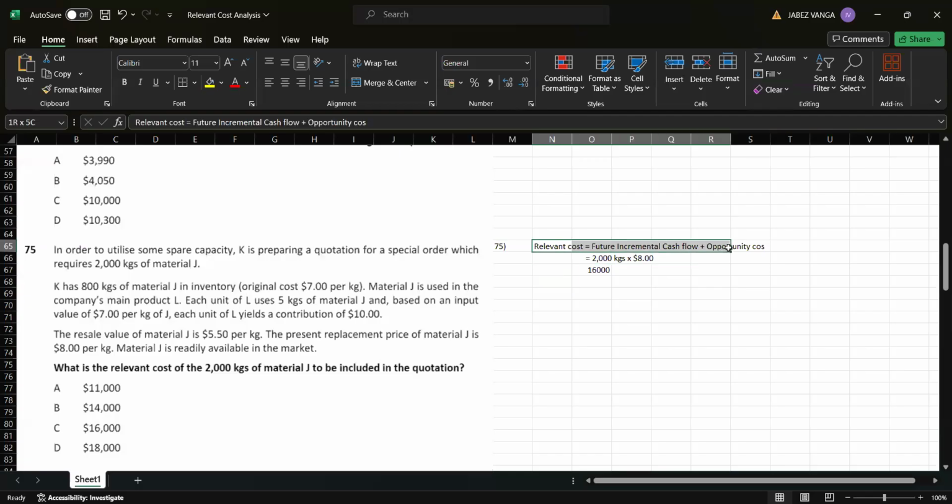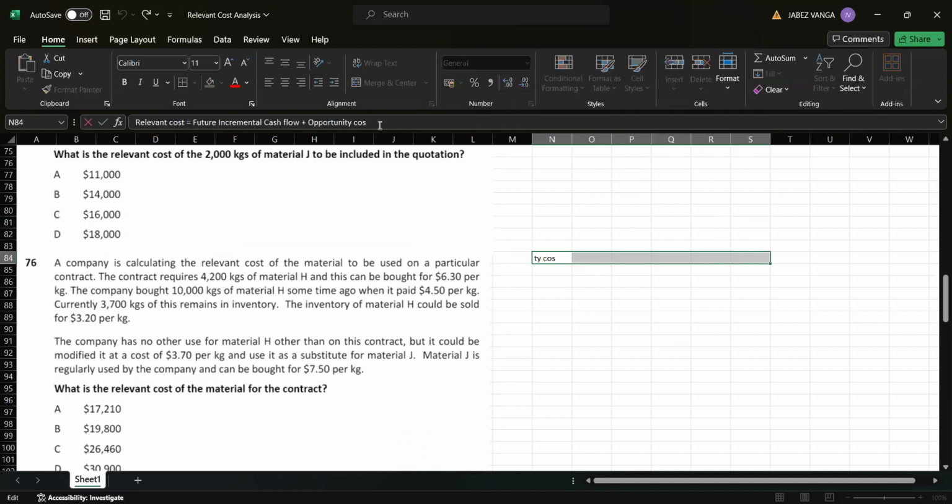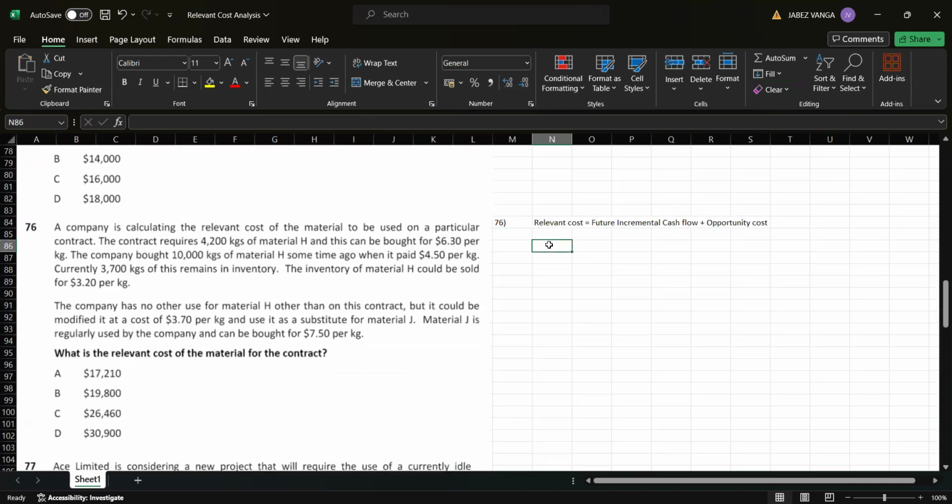See, if we talk about what is relevant cost, the same formula holds good here as well. This is question number 76. Multiple details are there, so let's carefully sort it out. I'm writing all the details. We see that material requirement is 4,200.